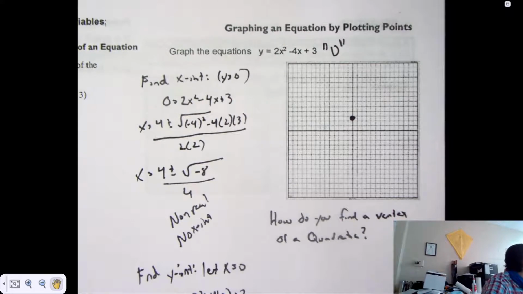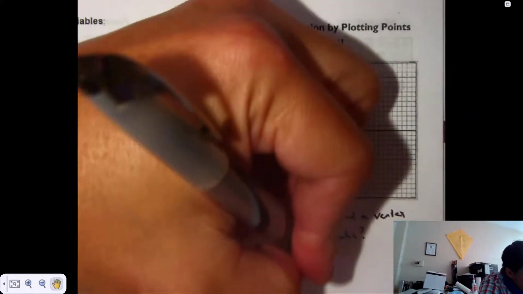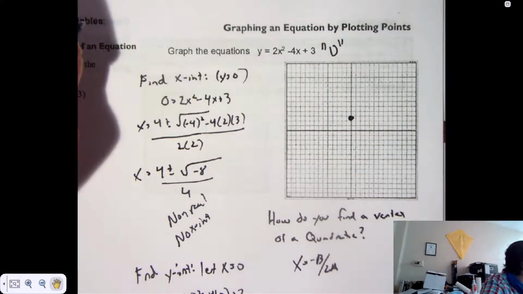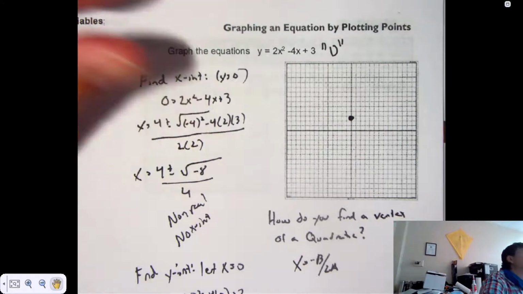How do you find the vertex of a quadratic? It's part of the quadratic formula. That little formula right there: x is opposite b over twice a. Opposite b over twice a.